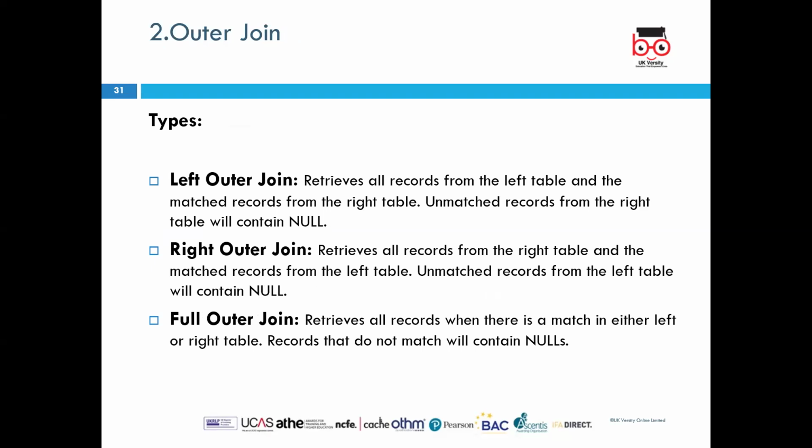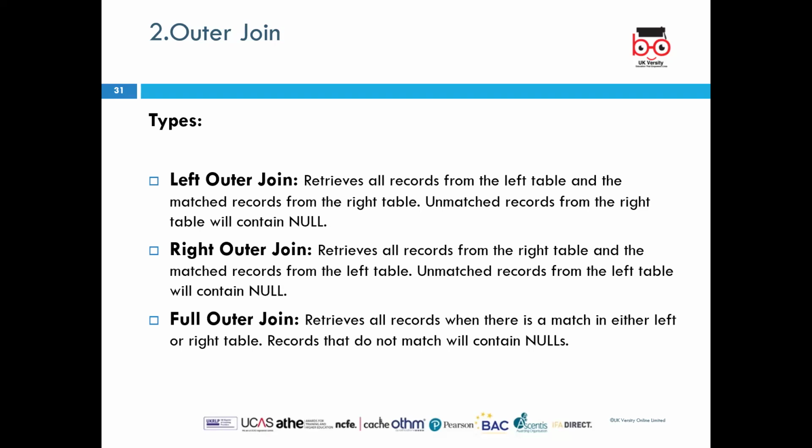Outer join: there are different types of outer join. We have left outer join, right outer join, and full outer join. Again, all of them have the purpose of retrieving records. With our left outer join, we're retrieving records from the left table and matching the records from the right table.